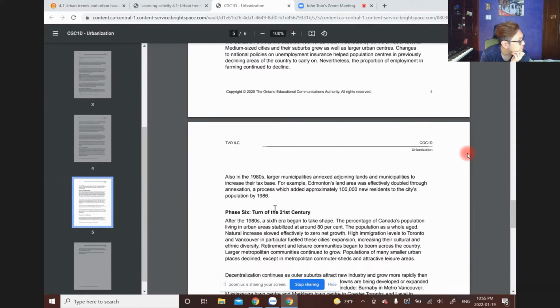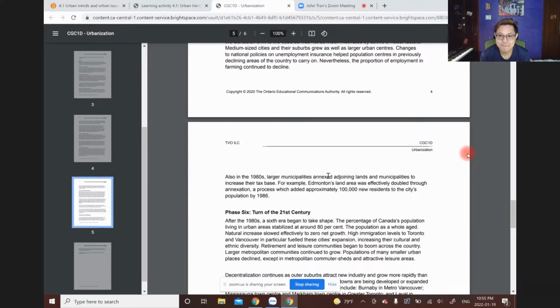Also, in the 1980s, larger municipalities annexed adjoining land to increase the tax base. For example, Edmonton's land area was effectively doubled through the annexation process, which added approximately 100,000 new residents to the city.